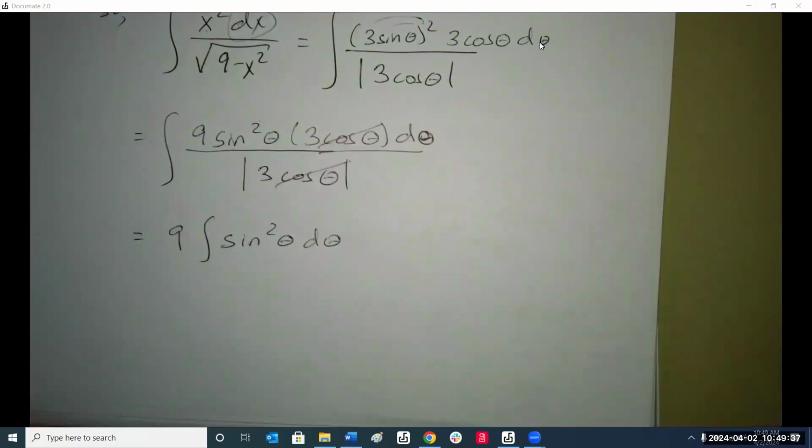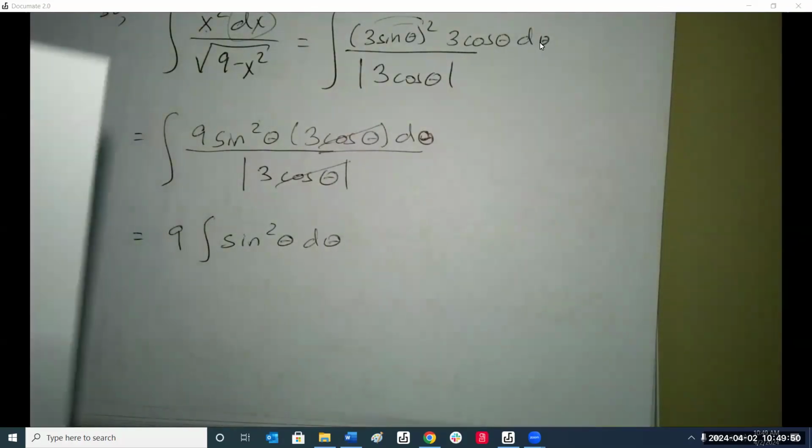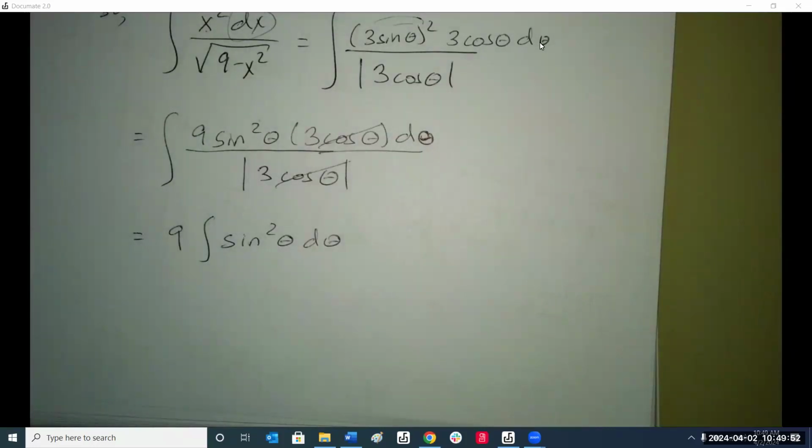Yeah, and let's look back at our domains. For sine, we're looking at negative pi over 2 to pi over 2.